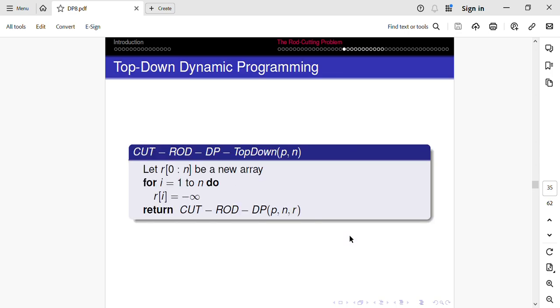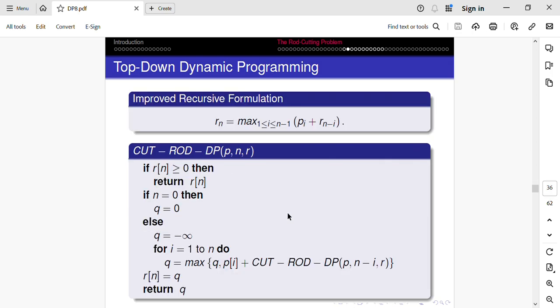Now we go for the dynamic programming solution. We know that for dynamic programming we will have a table or array. So let R[0..n] be a new array, and we initialize it to minus infinity because it is a maximization problem. Then we call the recursive function cut rod dp with p, n and r.